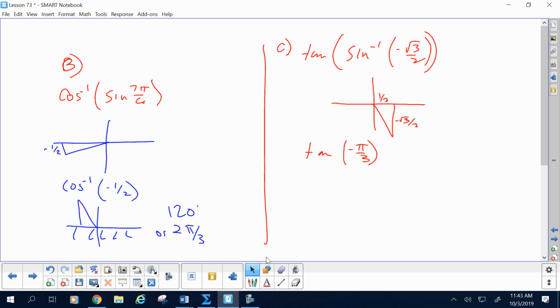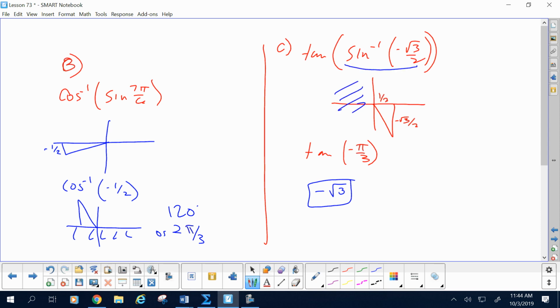I got root 3 over 3. I disagree. Negative root 3, period. Okay, so first off, you've got to draw a negative sign there. Root 3 over 3 is a big side, so it should be a big angle there. If the opposite side is the long side and the adjacent side is the short side, it's opposite over adjacent.